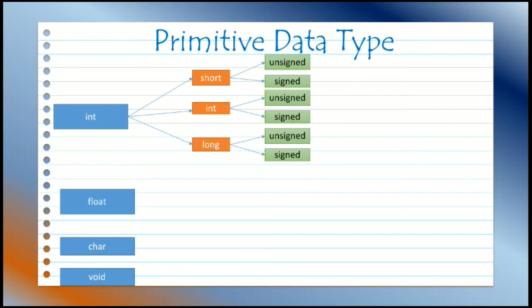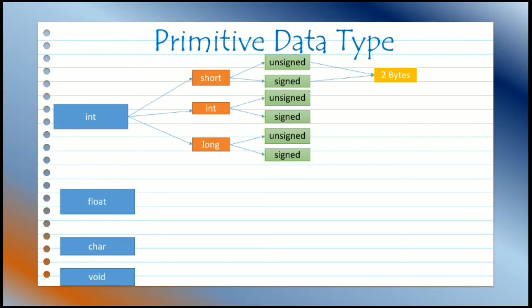So all these integer types are divided based on the size, which is measured in terms of bytes. Here short integer takes 2 bytes to store data. Whether it is signed or unsigned, it takes 2 bytes.